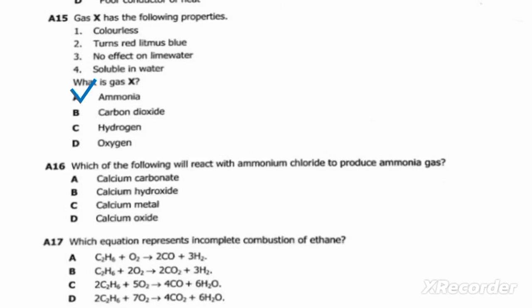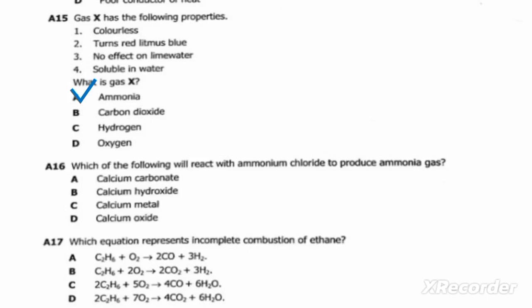Question A16, the question reads, which of the following will react with the ammonium chloride to produce ammonia gas? A. Calcium carbonate. B. Calcium hydroxide. C. Calcium metal.